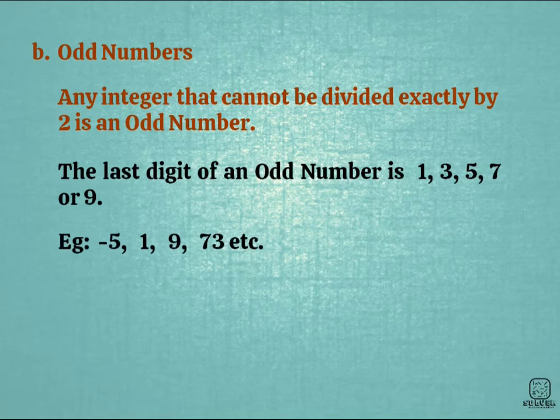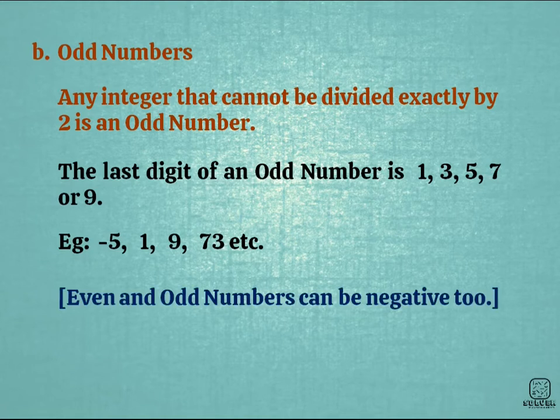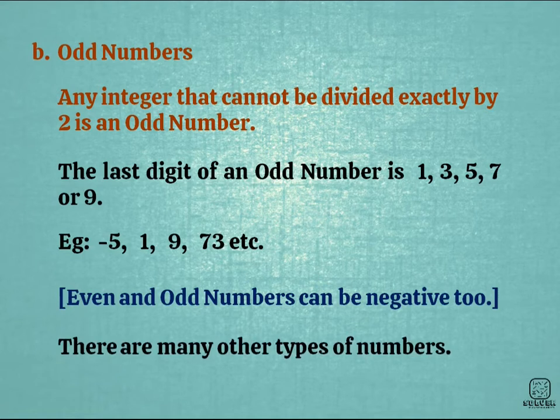Some examples are minus 5, 1, 9, 73, etc. Now even and odd numbers can be negative too. It is not necessary that these even or odd numbers should be positive. They can be negative also. Now there are many other different types of numbers and we will be discussing those in the coming videos.